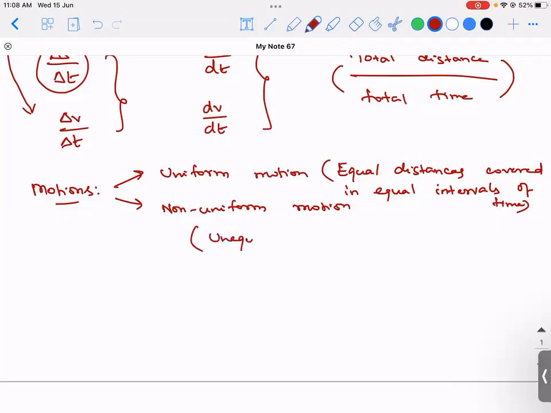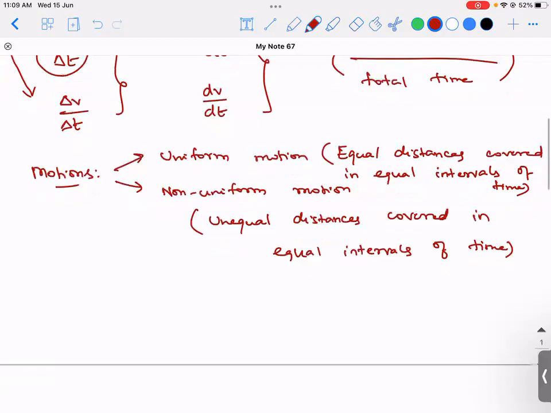Unequal distances covered in equal intervals of time.